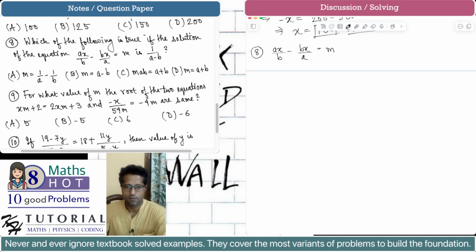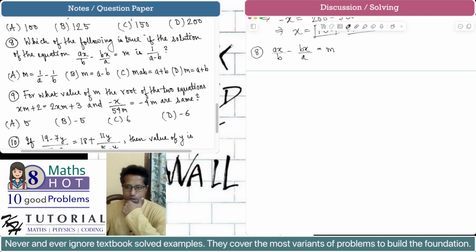Now it is saying which of the following is true if the solution of the equation is 1 by a minus b. If we try to solve this equation, we do not know a, b and m. There must be some constants, and we see some rational terms on the LHS, that is ax by b and bx by a. They have denominators b and a.